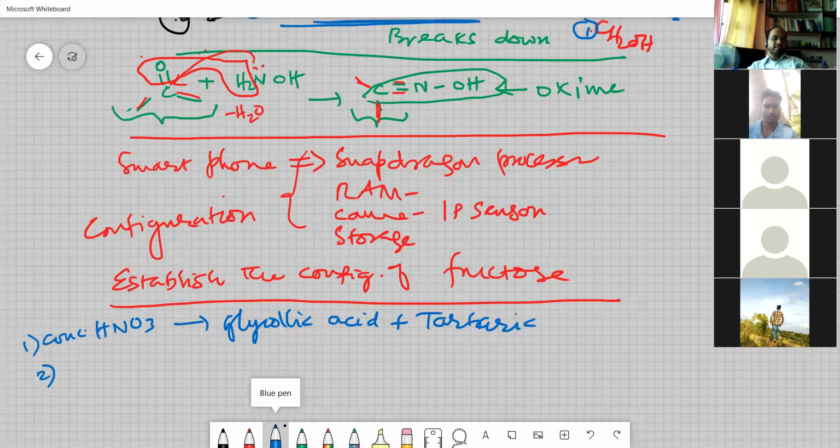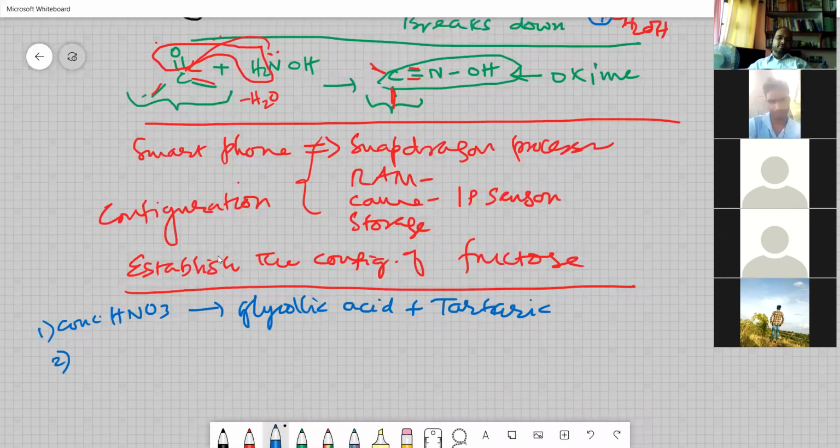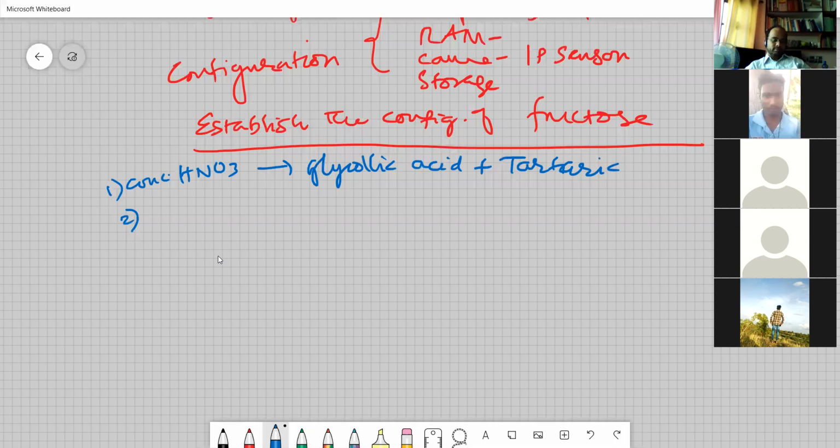The second thing is that they are made to react with semithiocarbazide. What is it? I'll explain it by means of a reaction. The formula for this is C6H5NHNH2.